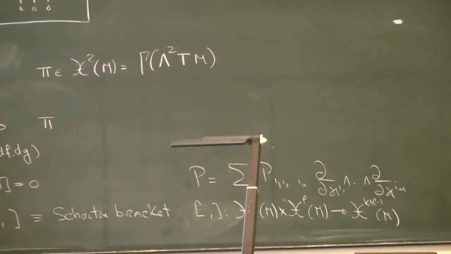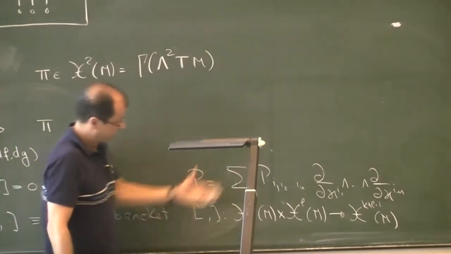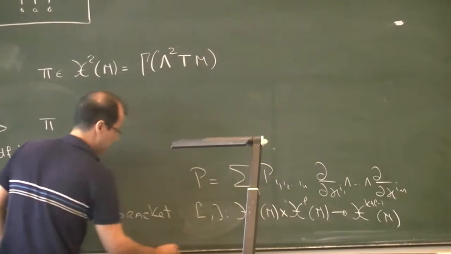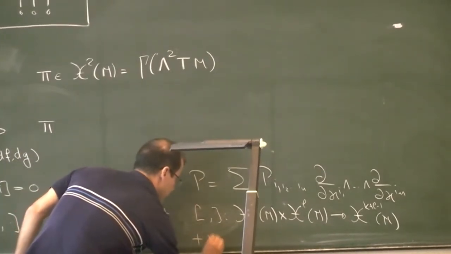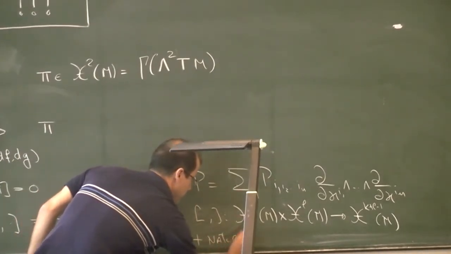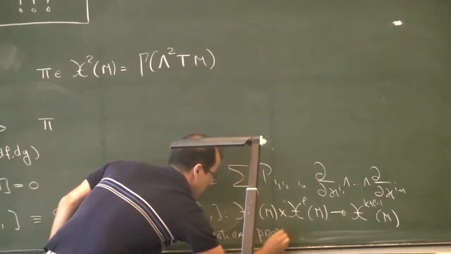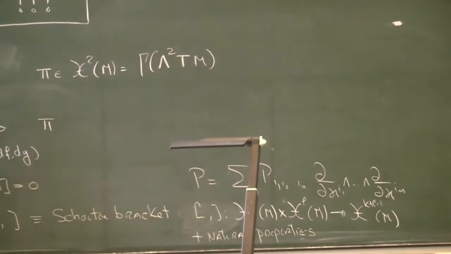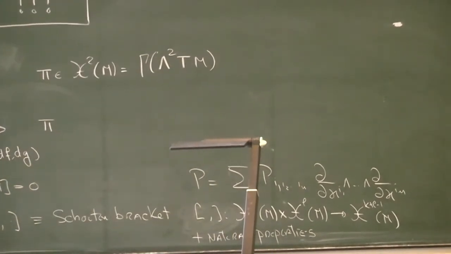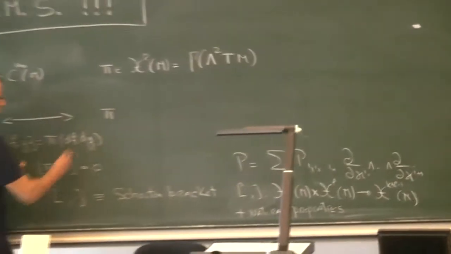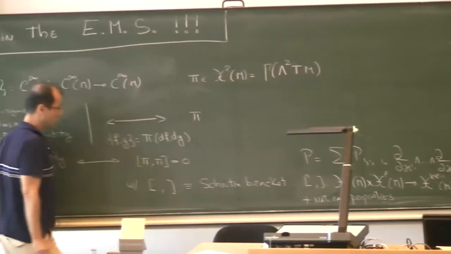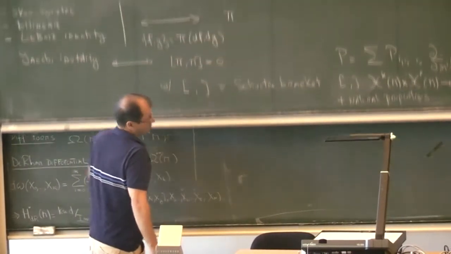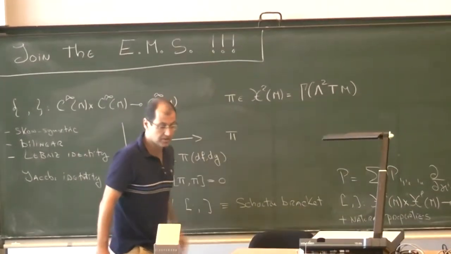And it has to satisfy some natural properties. Okay, so this is a much more efficient way of describing multi-vector fields.